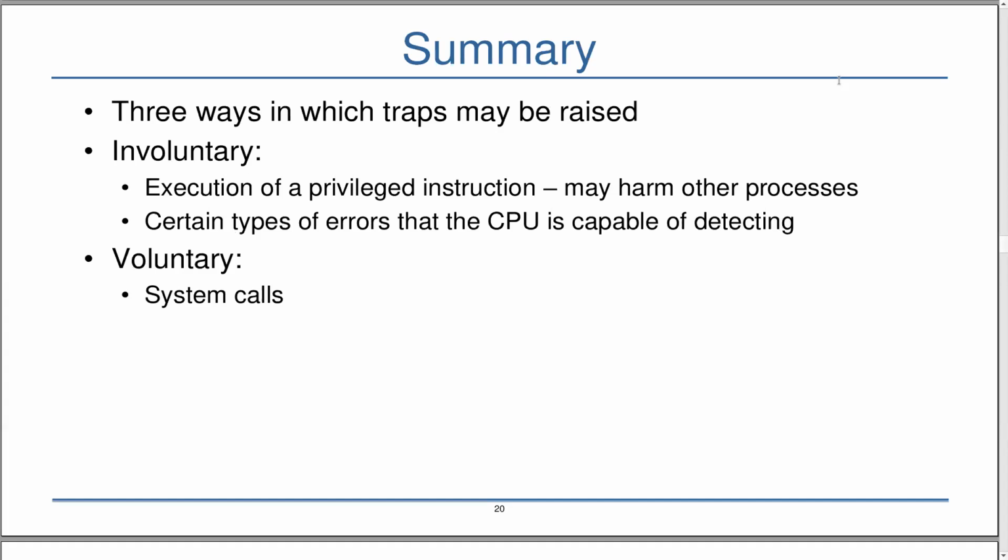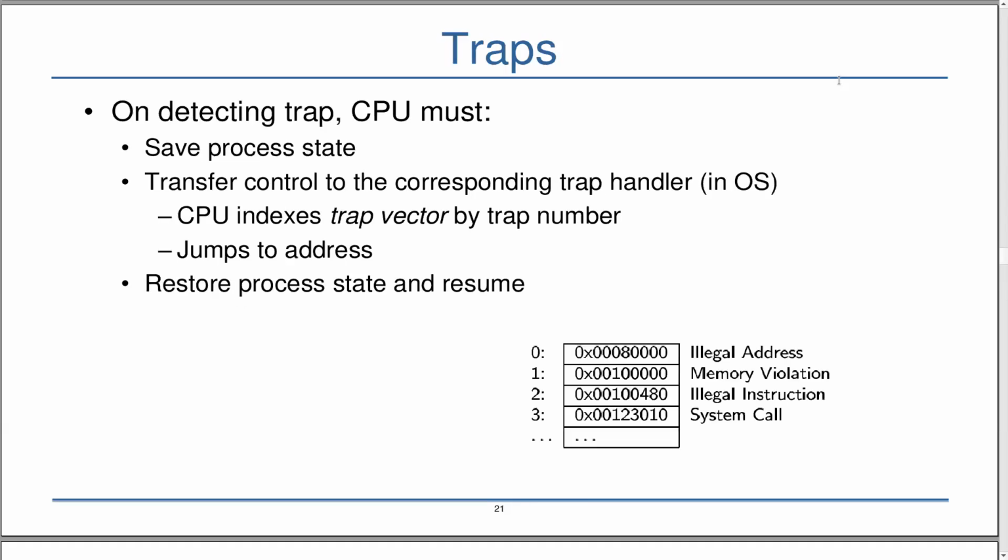The second case is certain types of errors that can happen within the CPU. You divide by 0, as an example. So you want to trap that as well, right? And then there are also voluntary traps. You want to execute a system call. So again, there are 3 types, right?